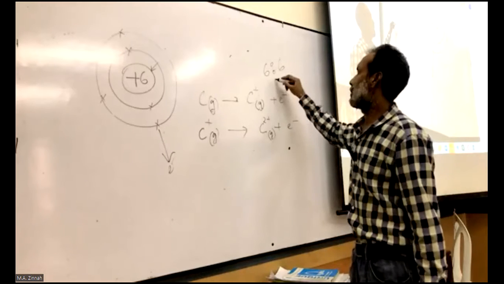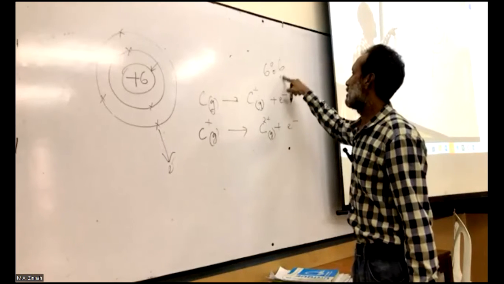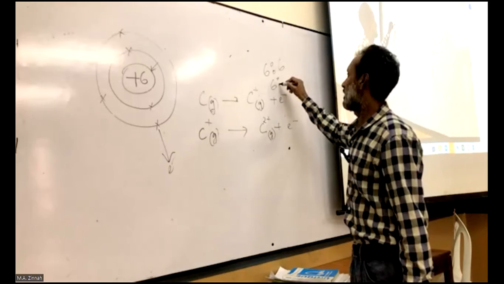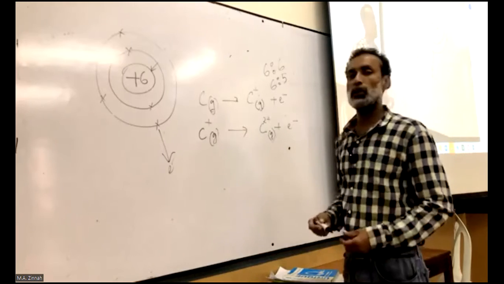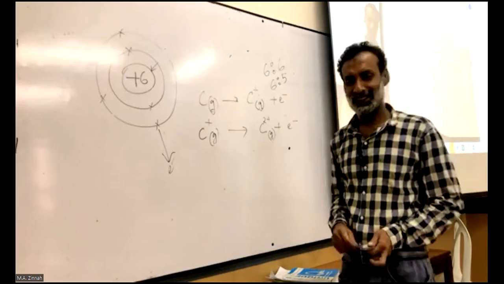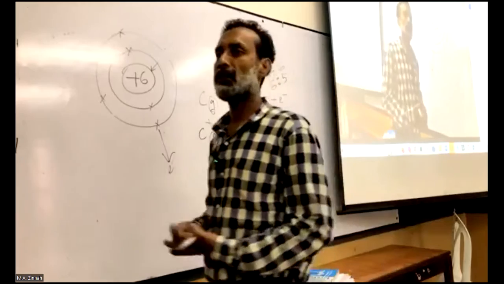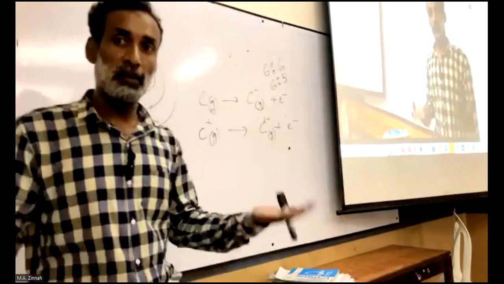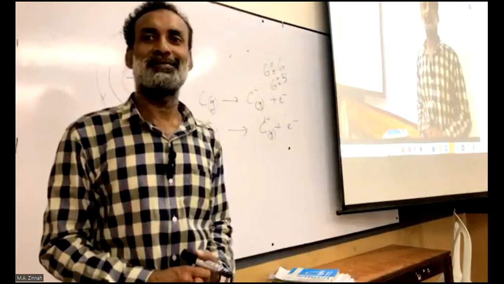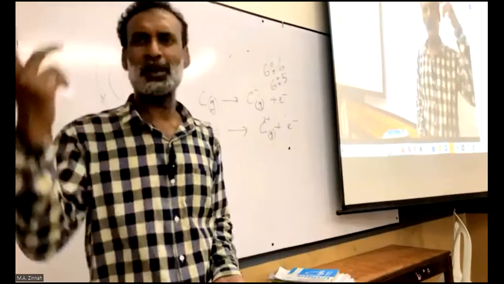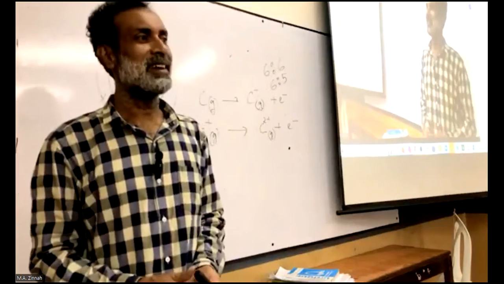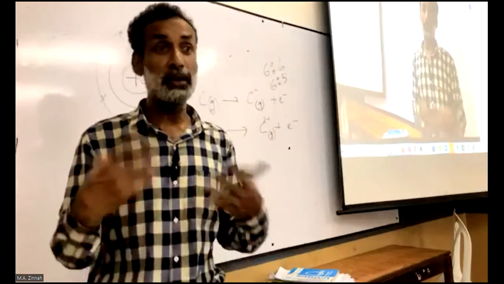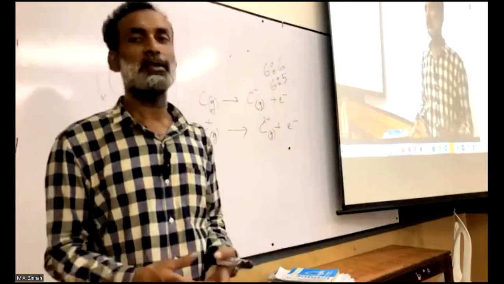And this time, the number of electrons here, how many? 5. So +6 attracting 5 electrons. So this time the nuclear charge is the same but the attraction is stronger. Same and stronger? How come? This is a net nuclear attraction, relatively. Relatively, this is greater.